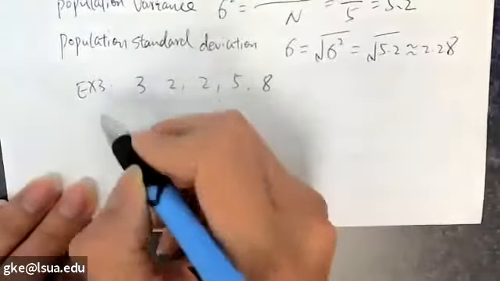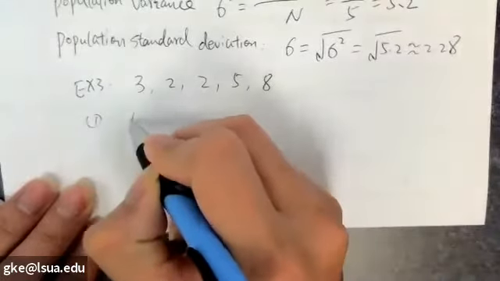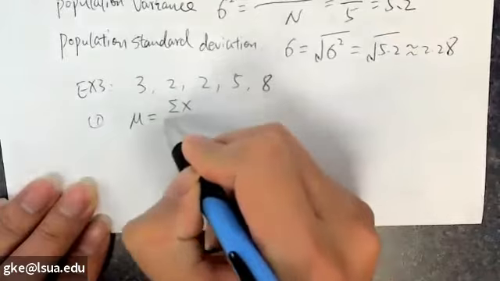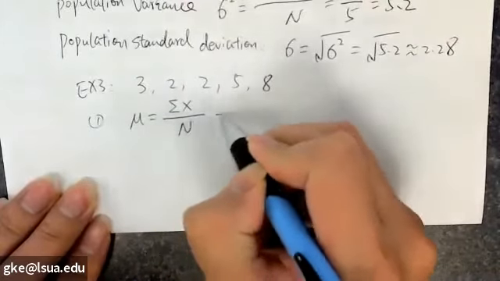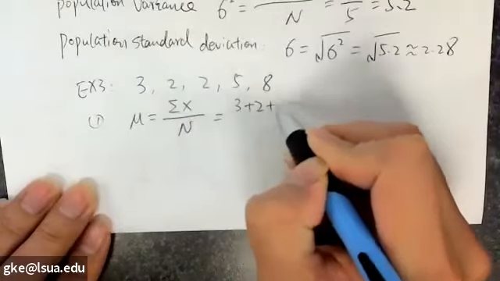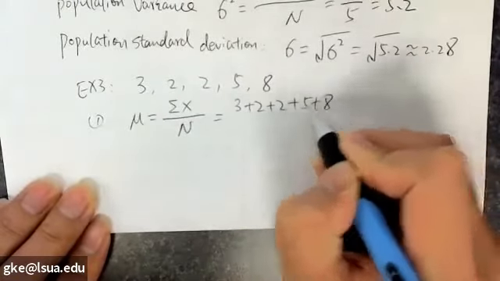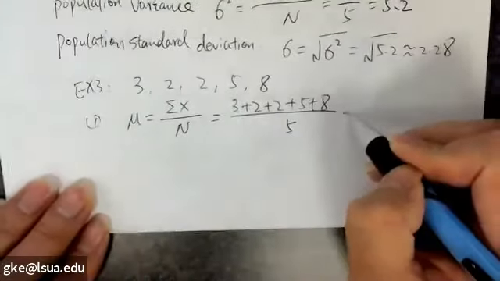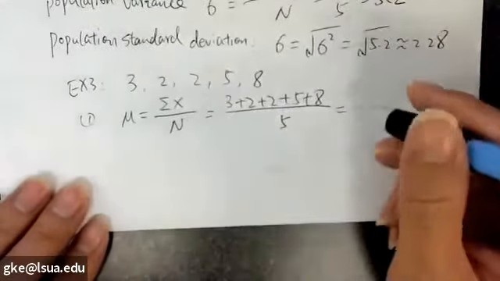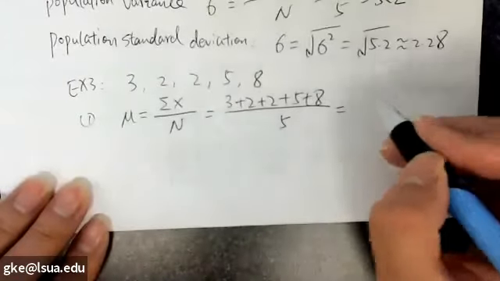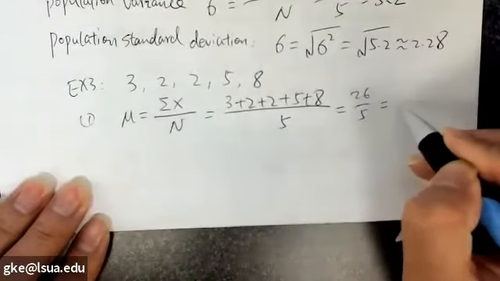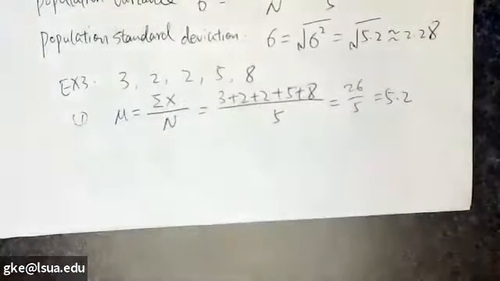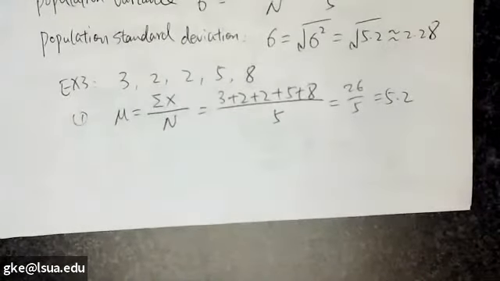So the first step, calculate the mean value, summation of all the entries divided by n, right? So just calculate all the values divided by the number of data. And this is gonna give you 26 divided by 5, 5.2. Okay. And the second step, we're gonna list a table.